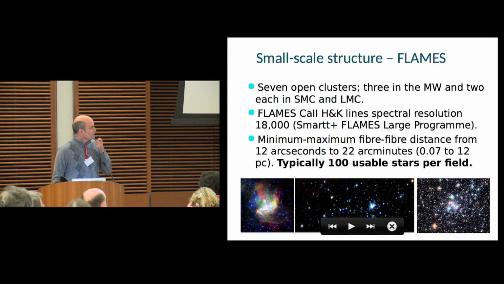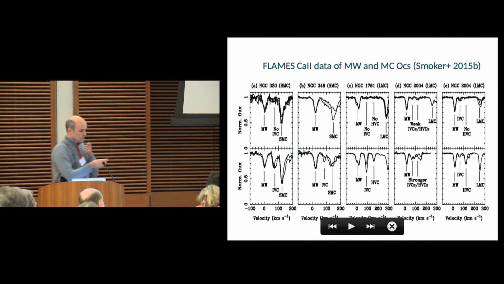For the current observations, we looked at 3 galactic open clusters and 4 Magellanic clusters, and we have about 100 stars per field. The results here are typical of what one sees in this work. This is a Milky Way component, and we'll have here an intermediate or high velocity component, and then the LMC or the SMC component.